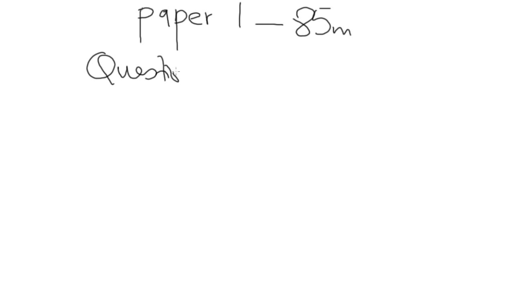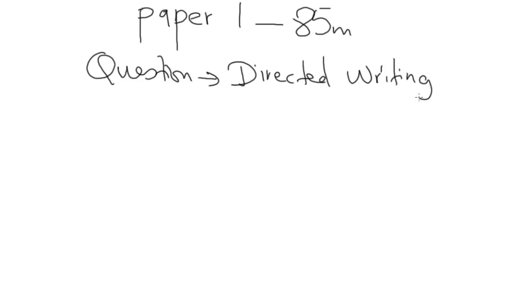Okay, now let's move on to paper 1, which carries 85 marks. Paper 1 consists of 2 sections. You have question 1, that is your directed writing, and this carries 35 marks.